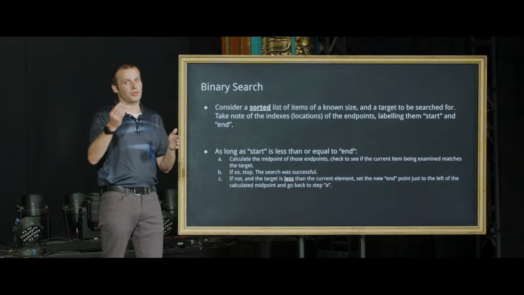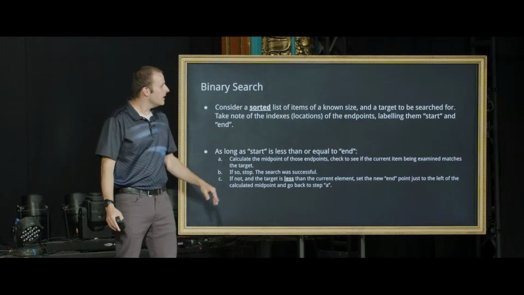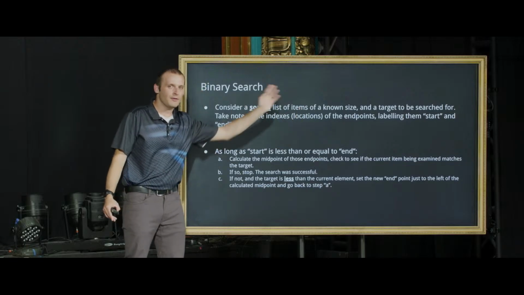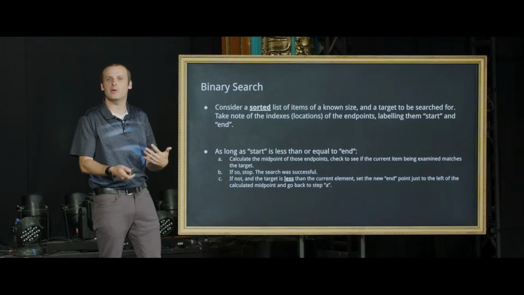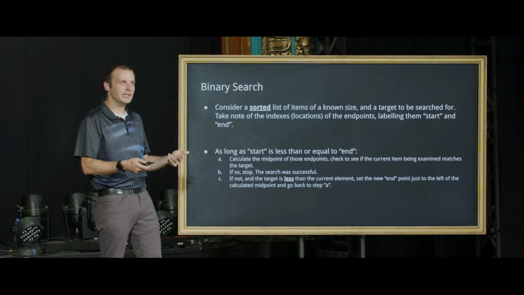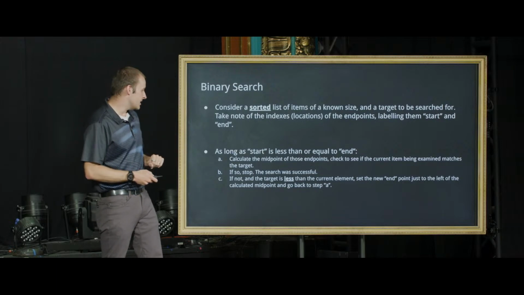Effectively, we're going to be able to throw away half of the list. Because we know things are sorted, if I'm looking for something smaller than what I found in the middle, I don't need to look at everything that's bigger than what I found in the middle. So we have an efficiency that we can take advantage of that makes binary search run more quickly, or in a different runtime class from those that we discussed earlier.